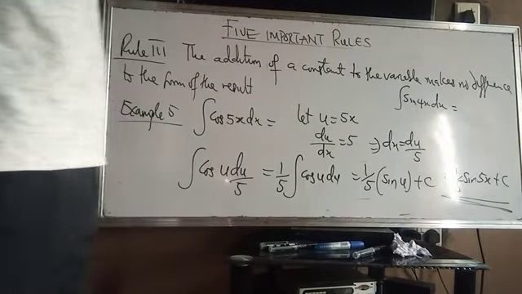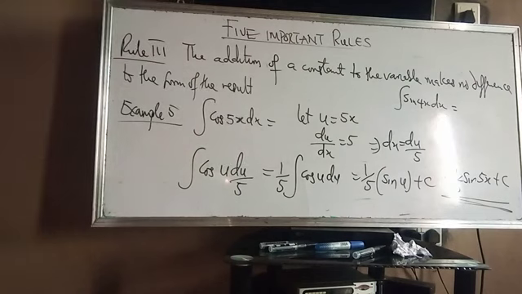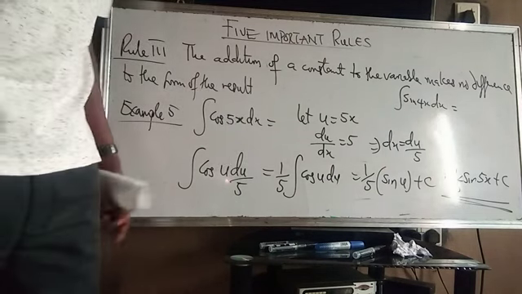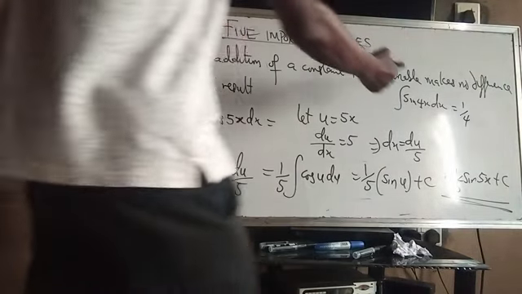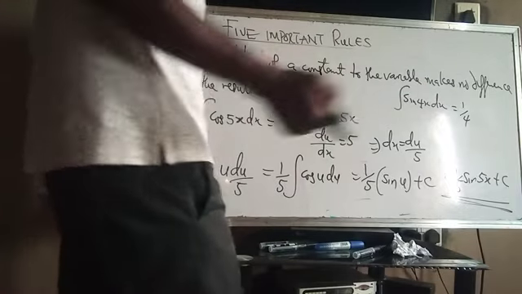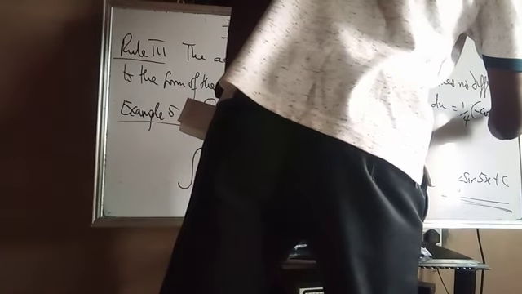This is not difficult at all. You don't need to consult all these methods. If you are writing a CBT, you don't need to waste your time. Just first of all write 1 over 4, which is the constant here. Then when you integrate sine something, it's going to be minus cos something. So minus cos 4x plus c, that is, minus 1 over 4 cos 4x plus c.